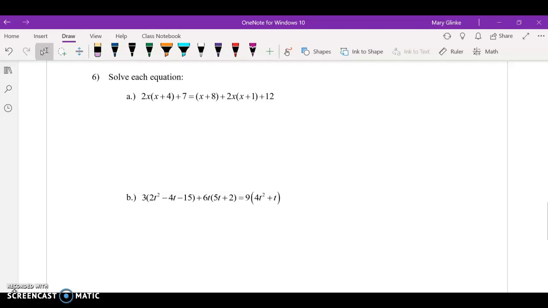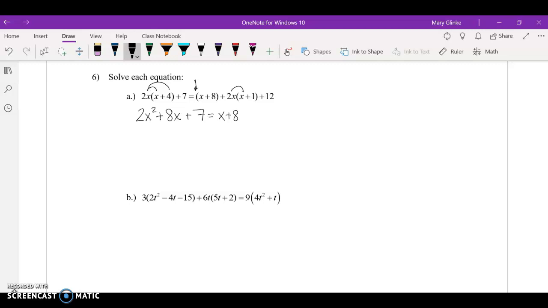Okay, so now that we know this distribution properties, what we can do is we can take each equation here, and using the distributive property, we can do exactly what we had done, but we can now solve equations. So looking at this, anytime there's a coefficient, we're going to distribute that. So we get 2x squared plus 8x plus 7 on the left-hand side, and then on the right-hand side, this x plus 8 has nothing out in front to distribute, so I'm just going to rewrite that.